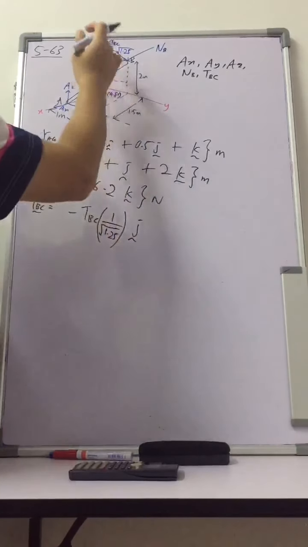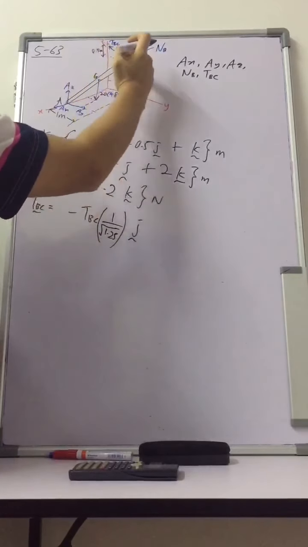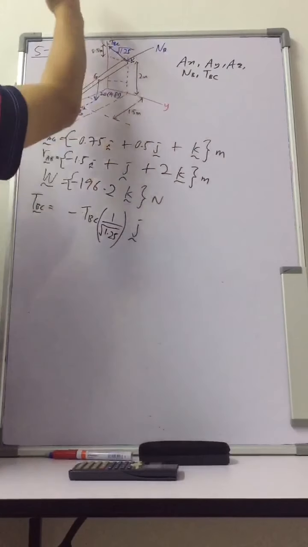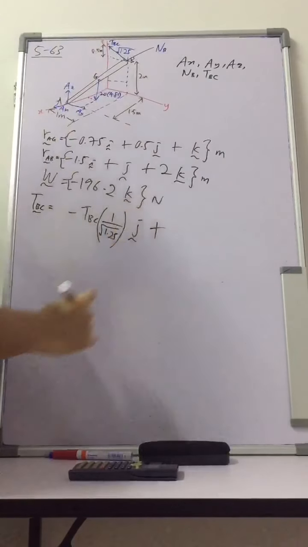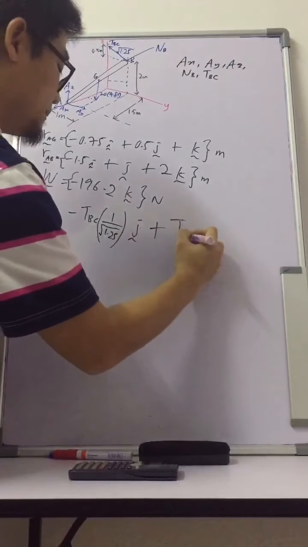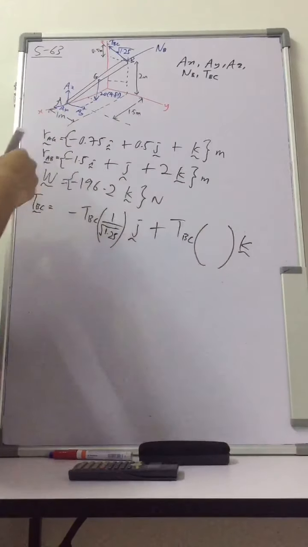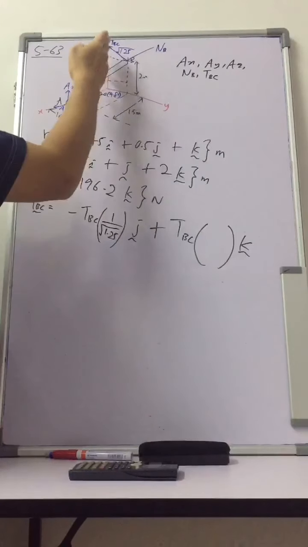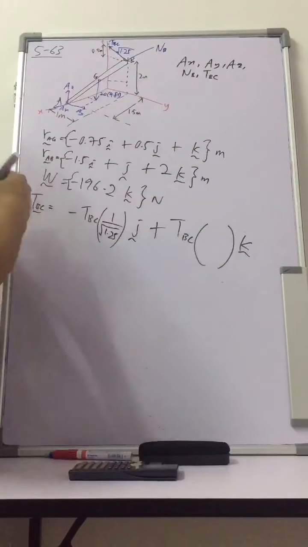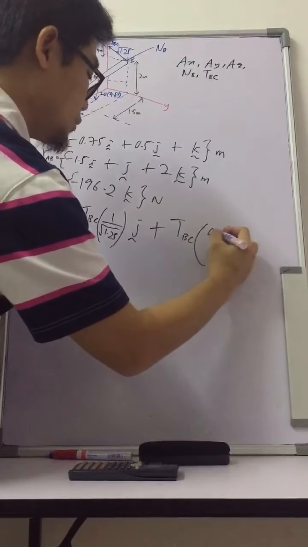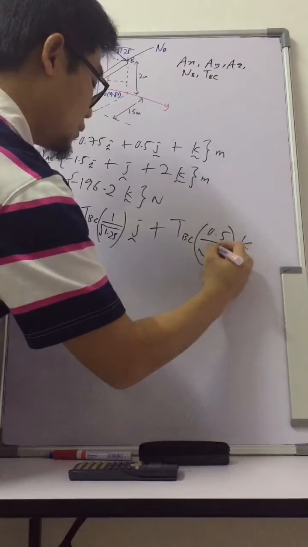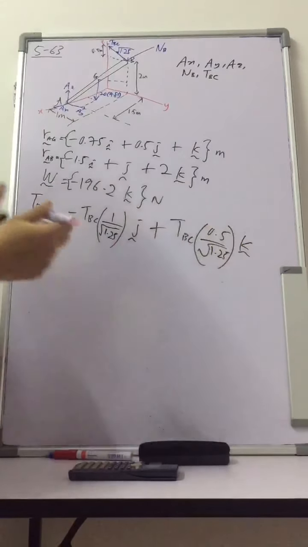And then the z component: you see it goes this way, and then it goes up, positive. So it is positive TBC times the component of that, and it's k. How do we do that? We use this 0.5 and root 1.25, so it will be 0.5 over root 1.25.